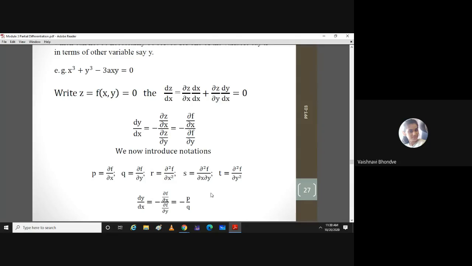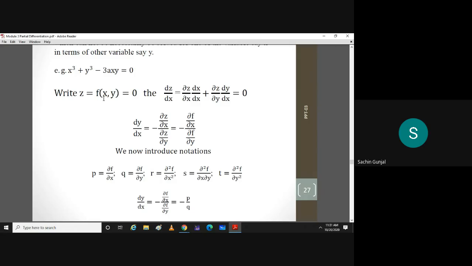Sir, I understood how after the first step we came to minus P by Q. But what about the first step? How did we write dz/dx like that? Okay, so apply the definition of total derivative.